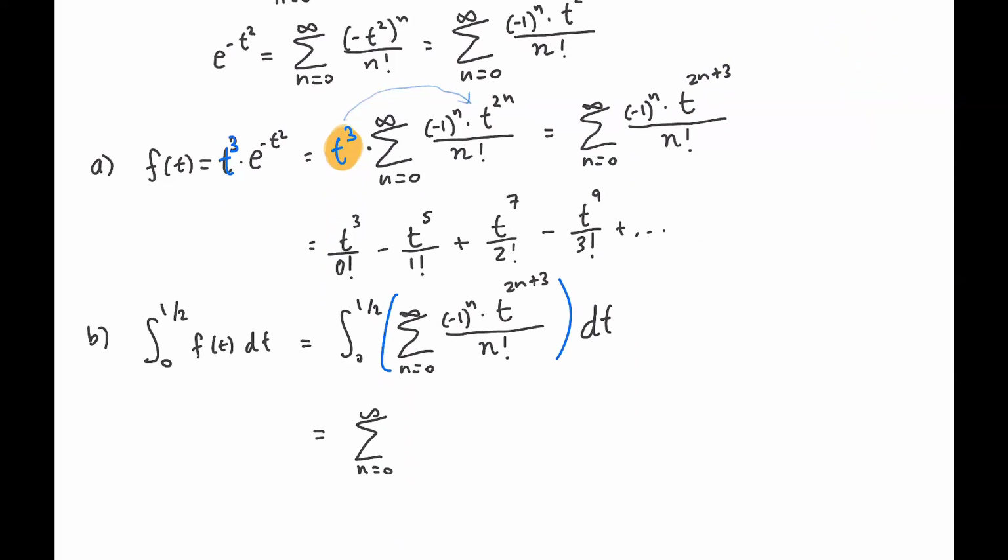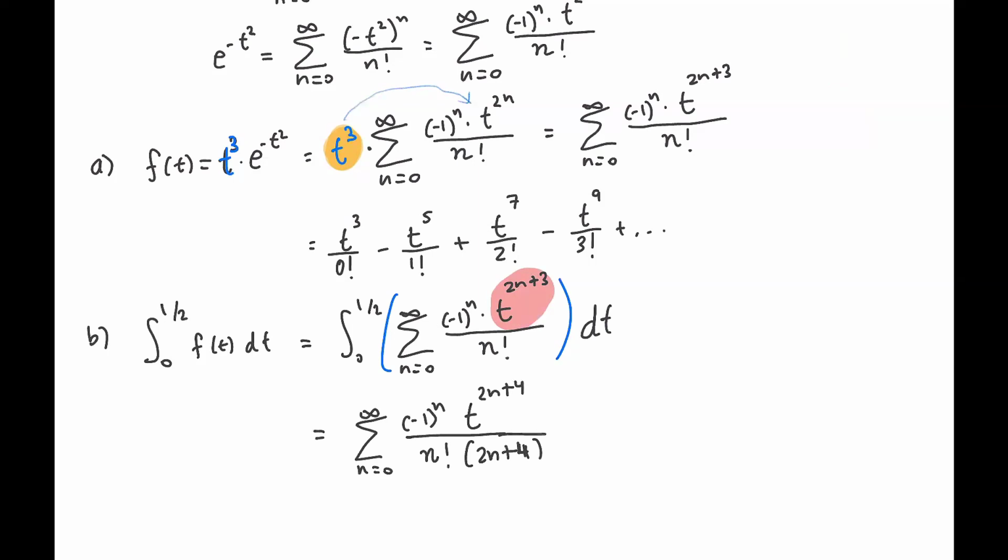And I'm only focusing on finding the integral of t to the power of 2n plus 3. So the integral for that is t to the power of 2n plus 4 divided by 2n plus 4.